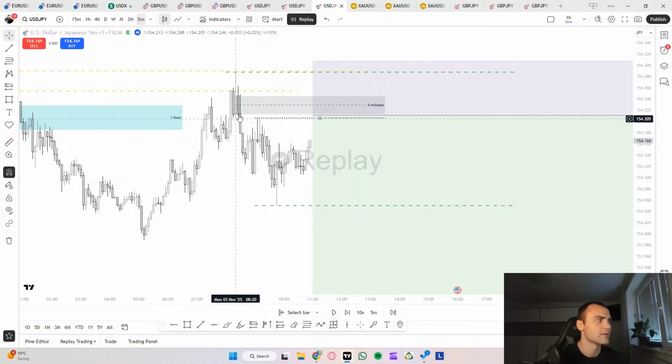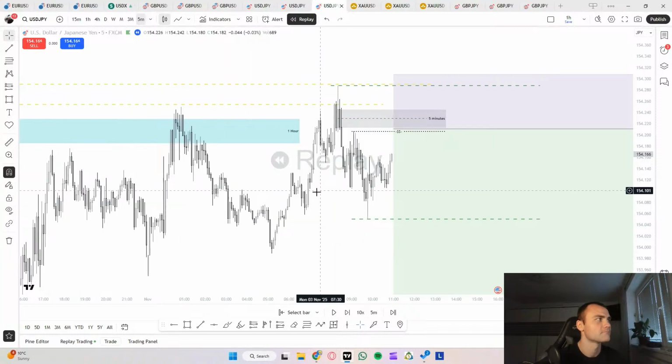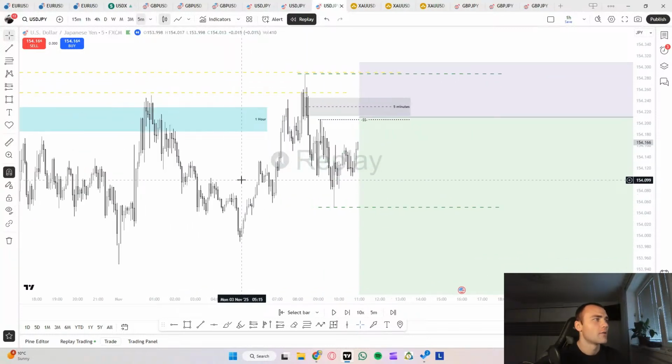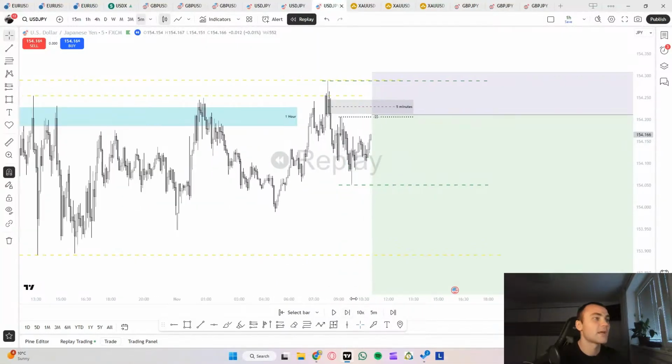Also, we got this week here, so some confluence. Well, now fast forward. This was basically the idea. I got those confluences, this order block, so price action looked bearish.